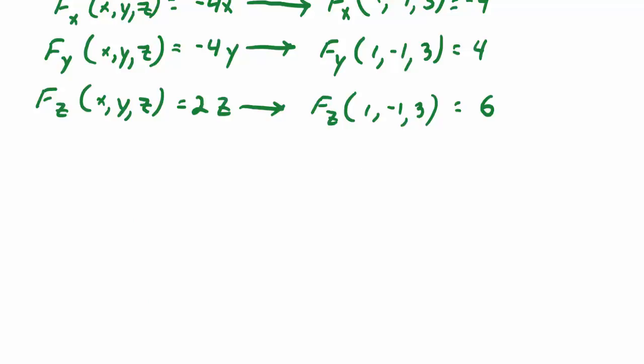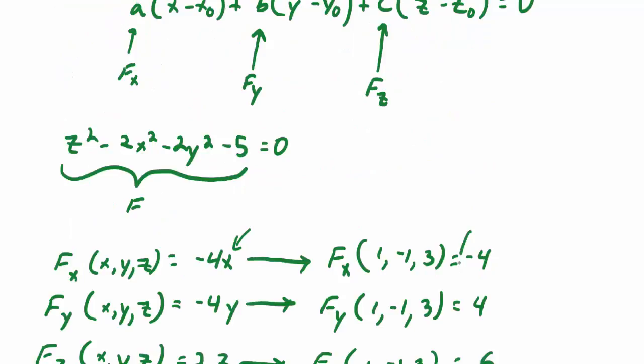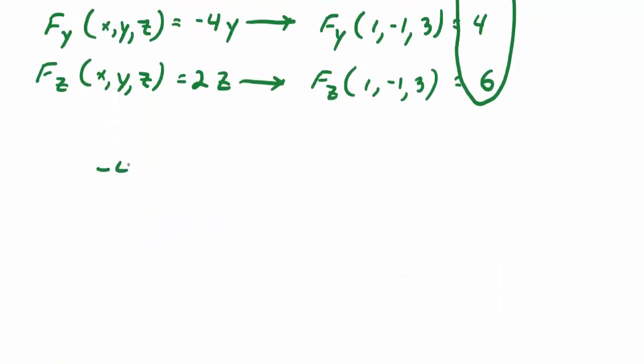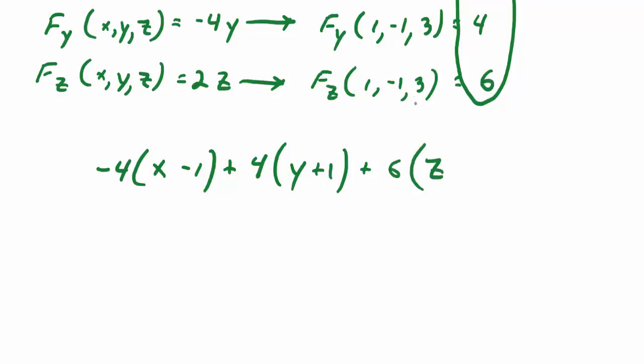You're going to take the normal vector components: negative 4 times x minus x naught, which is 1 in this case, plus the y component of the normal vector, which is 4 times y minus negative 1, or y plus 1, plus 6, the z component of the normal vector, times z minus 3, equals 0.